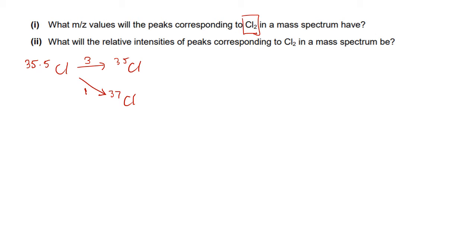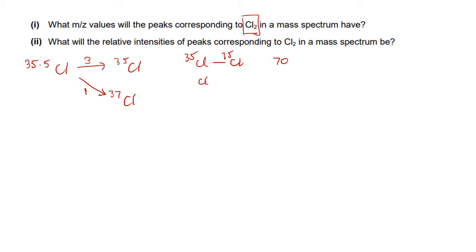So then we think about the chlorine molecule. The chlorine molecule can be 2 atoms of chlorine 35, it can be 2 atoms of chlorine 37, or it could be one of each. So with chlorine 35 and chlorine 35, the m/z of that molecule is going to be 2 times 35, which is 70.